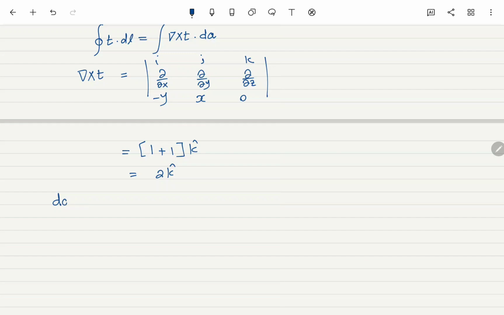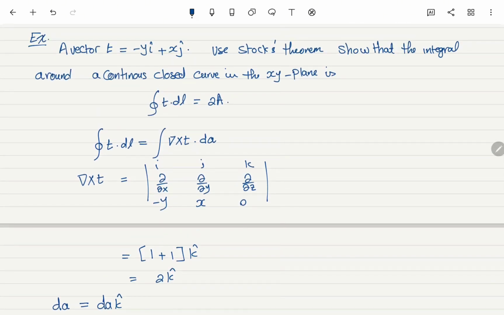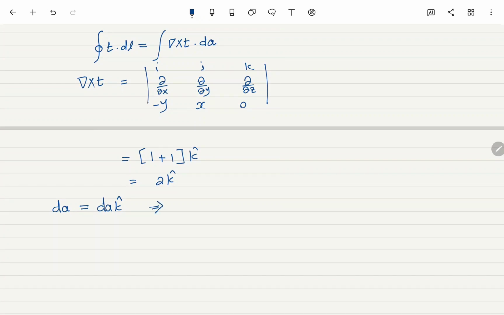Now d area is equal to d area k hat. The area is in the xy plane, so the area vector is in the z hat or k hat direction. In this case, the integration of t dot dl equals 2k dot k integration d area, and k dot k is just 1, so 2 times the integration of d area, and the integration of the area is a. So the answer will be equal to 2a.